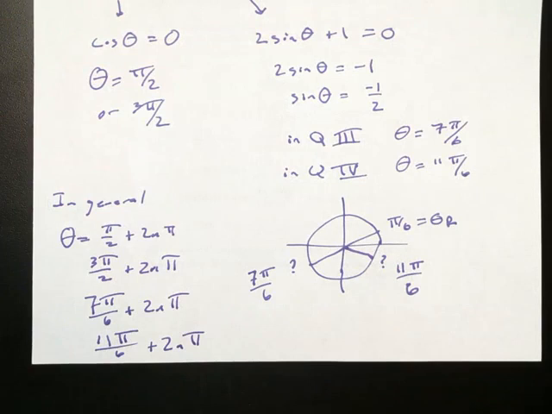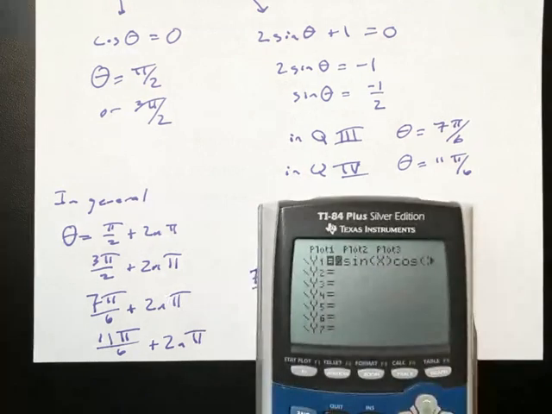So let's graph and see if I got it right. Type in my original equation. 2 sine x cosine x plus cosine x. Hit enter, and I graph that on my trig window. My trig window will show me one period on the left and one period on the right.